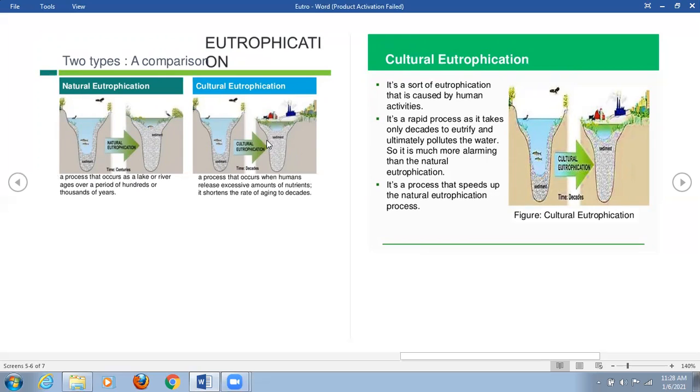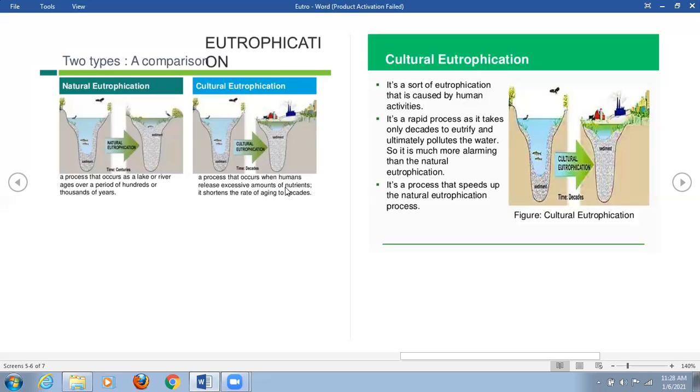Whereas cultural eutrophication is also known as artificial eutrophication. This particular eutrophication is because of human or man-made activities. Different industrial waste material or sewage water is discharged into the river or lake, and that process is relatively fast because of humans.